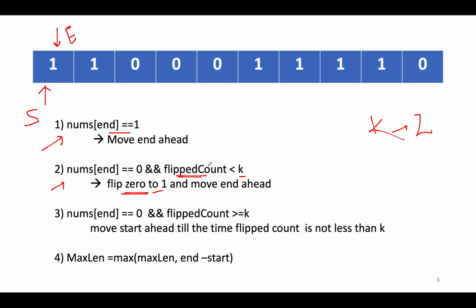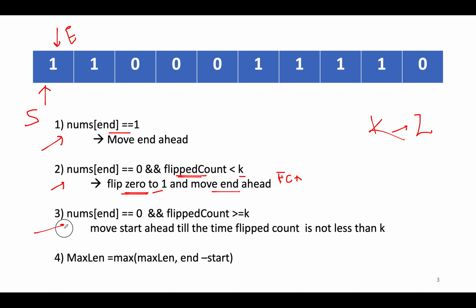We'll increment the flip count, so flip count increases by 1, and we'll move ahead the end pointer. Again, makes absolute sense as per the question.